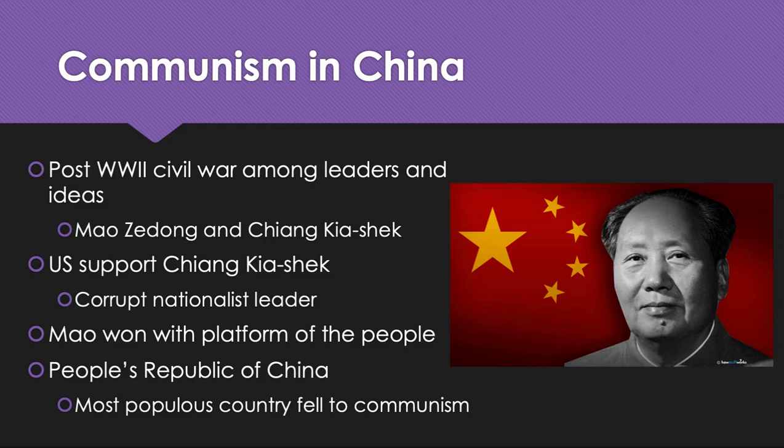So the people are going to side with Mao Zedong, and we see China fall to communism in this time. And what we kind of have been fearing, this spread of communism comes to life because now the most populous country in the world falls to communism, and it becomes the People's Republic of China.